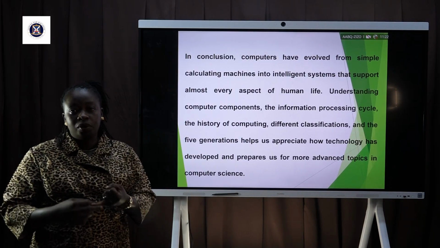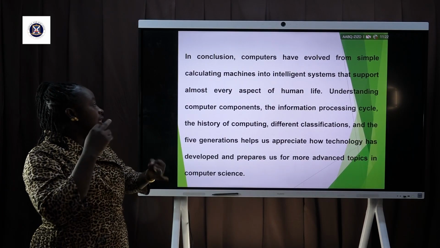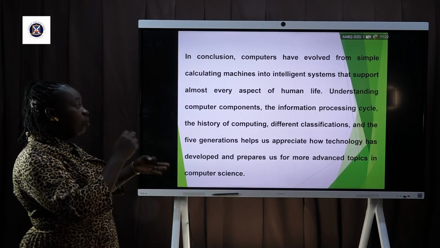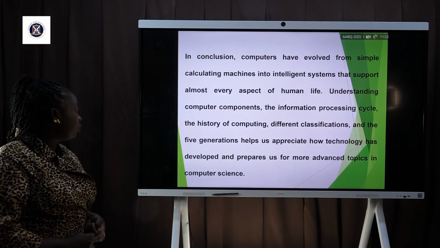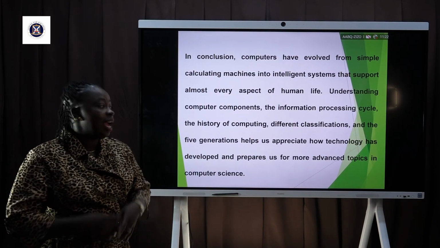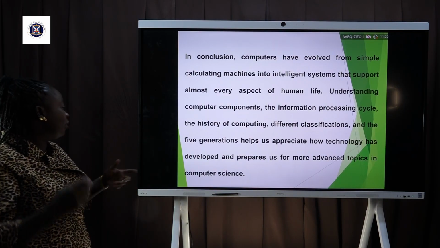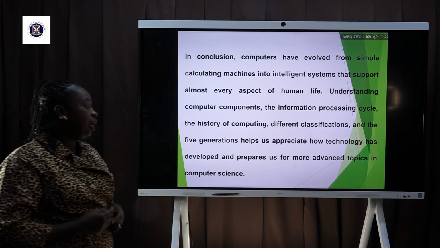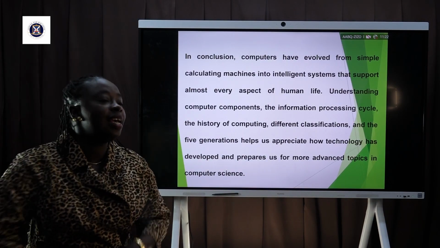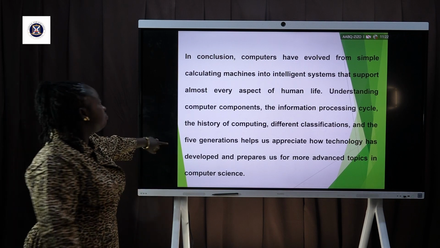Understanding the computer concept, the information processing, the history of computing, different classification, and the 5 generations has helped us to appreciate how technologies are developed and prepared us for more advanced topics in computer science.